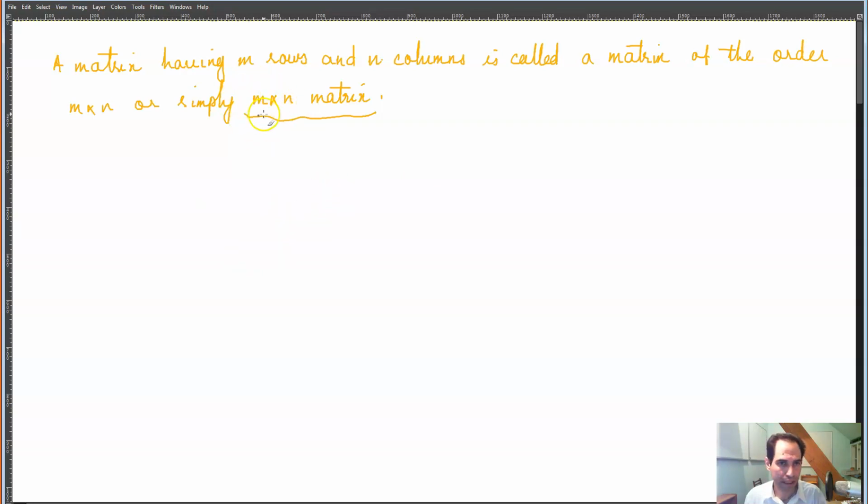In short, m refers to the number of rows and n refers to the number of columns. So for example, if you have 1, 2, 3, 4, 5, 6, 7, 8, 9, 10, 11, and 12, and if this is a matrix, then you have 4 rows and 3 columns, and this matrix is said to be a 4 by 3 matrix.